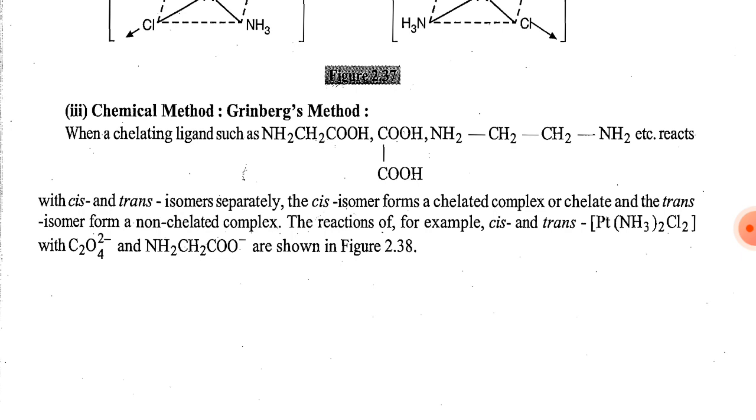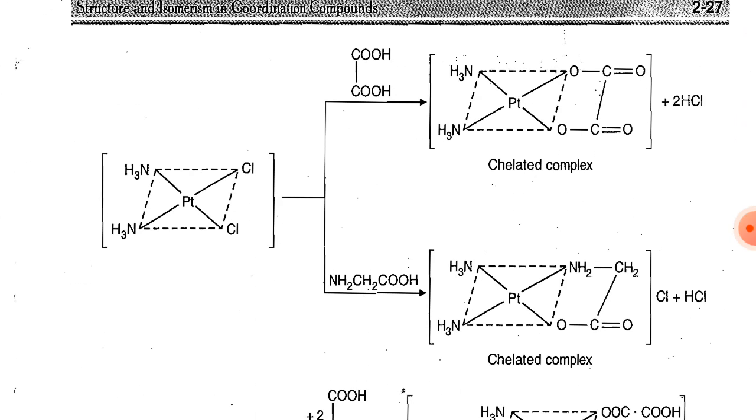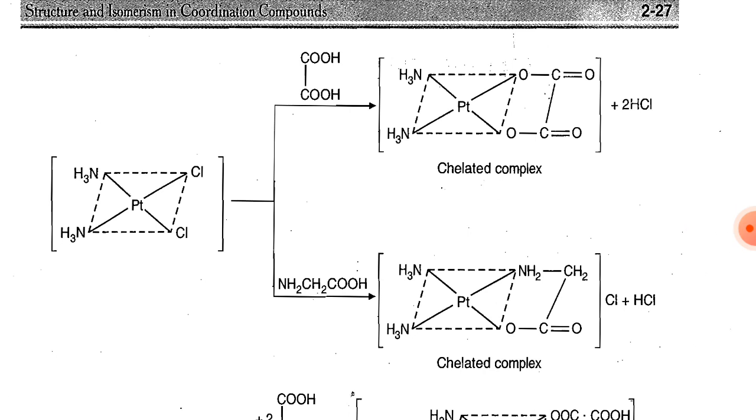For example, the reaction of cis and trans [Pt(NH3)2Cl2] with C2O4 2- and NH2CH2COO- is shown in 2.38. So here this is the cis form, cisplatin reacting with oxalic acid. The donor atoms of oxalic acid form a chelating ligand, a chelated complex.